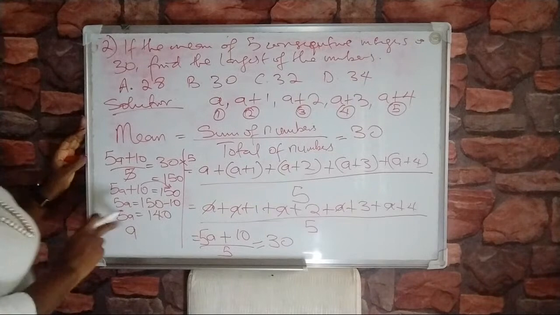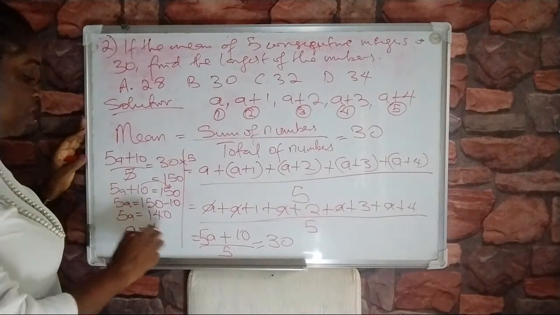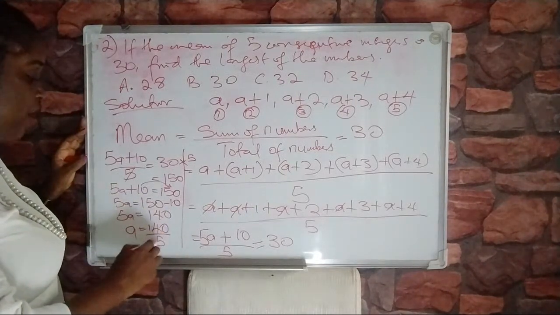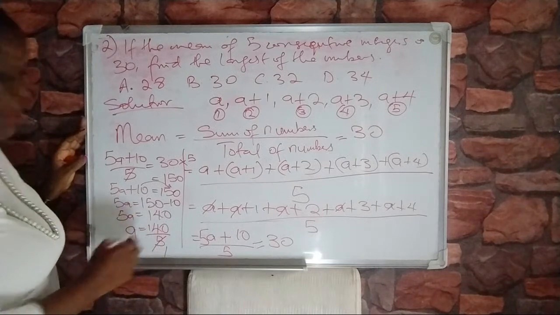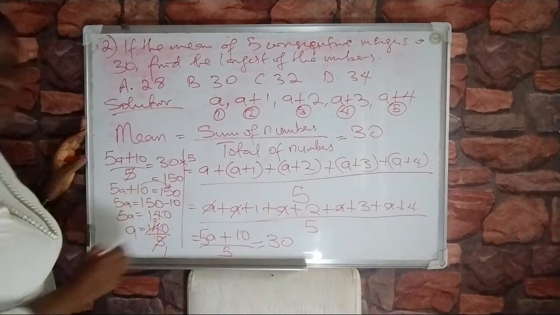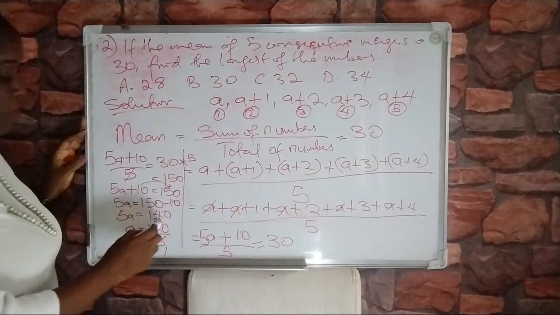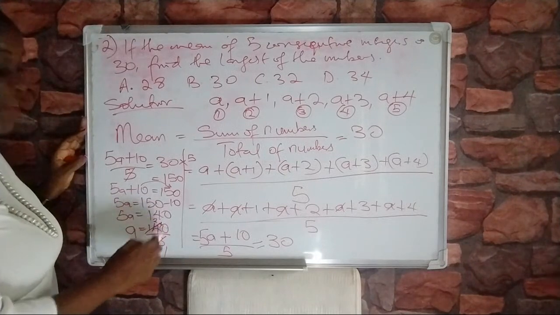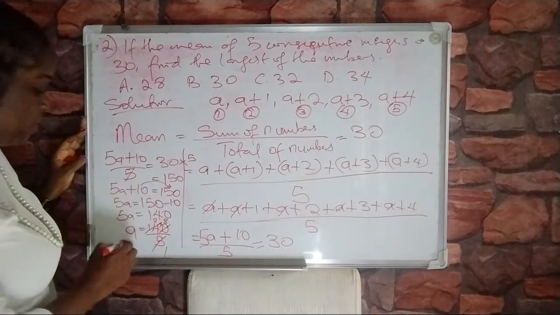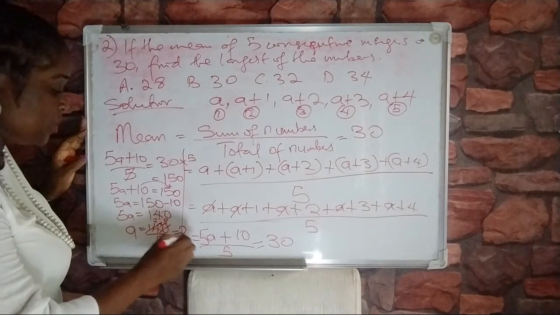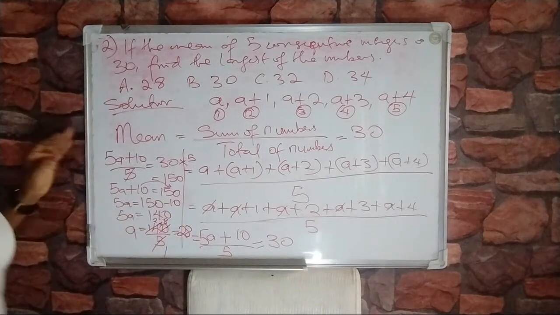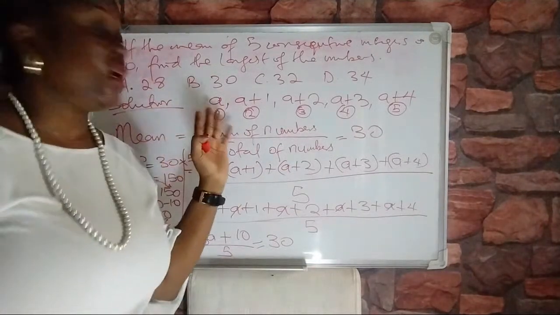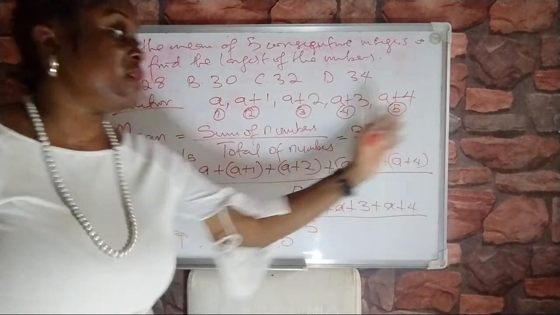5A equals 140. So how do we get A? A will be 140 divided by 5. 5 goes into 14 two times, remainder 4. 40 divided by 5 gives us 8. So A is equal to 28. Out of all these integers, which is the highest?